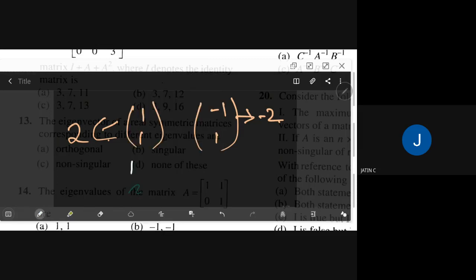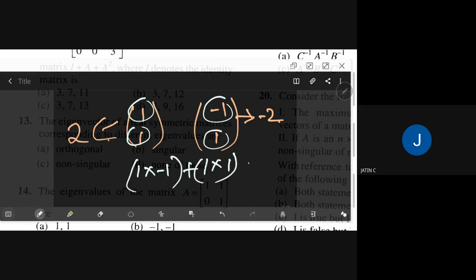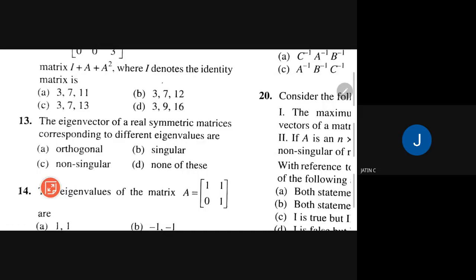Dot product means 1 1 with minus 1 1 transpose: 1 into minus 1 plus corresponding components, this into this plus this into this, 1 into 1, gives 0. They are orthogonal. That is what it says. So the answer is A here.